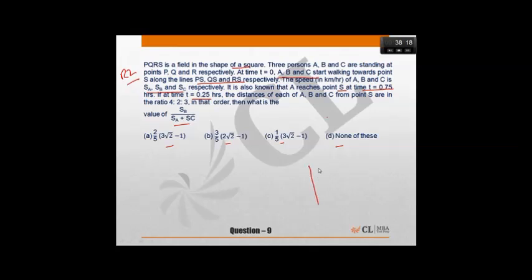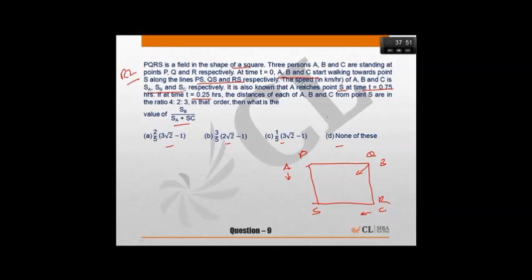Okay, let's just take a case. 3 persons ABC standing on points P, Q, R, S. So these are P, Q, R, S. So A has to go towards S. ABC start towards S. B will move along the diagonal, and C will move along this side.